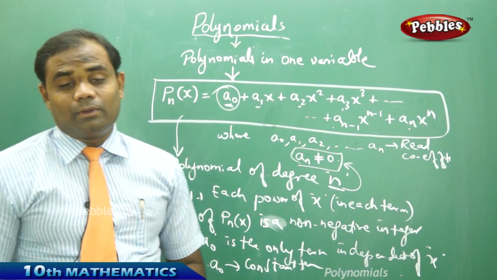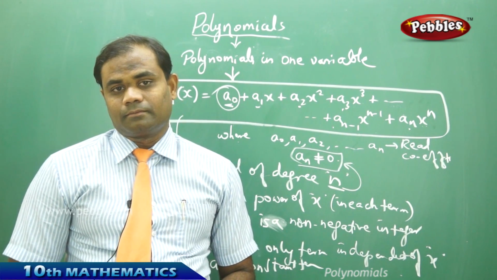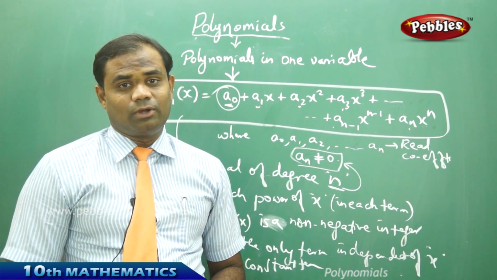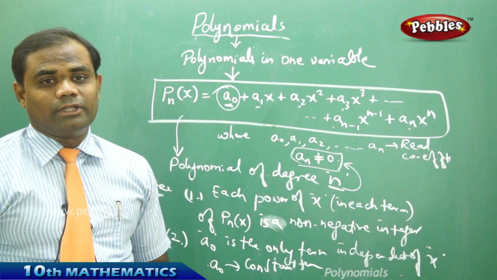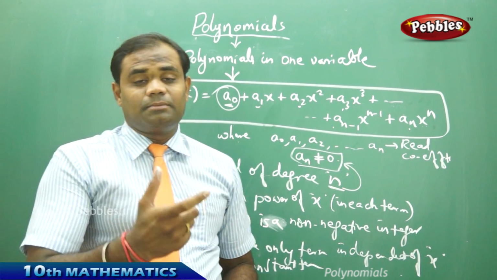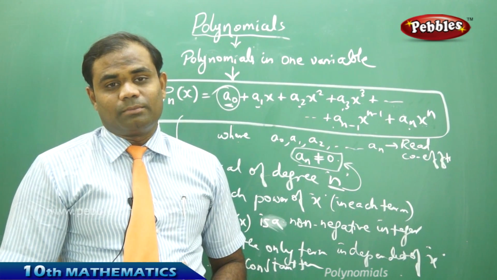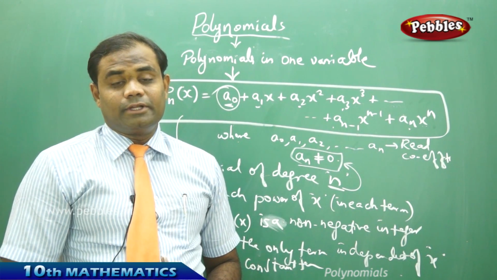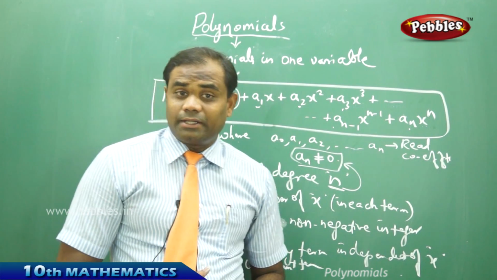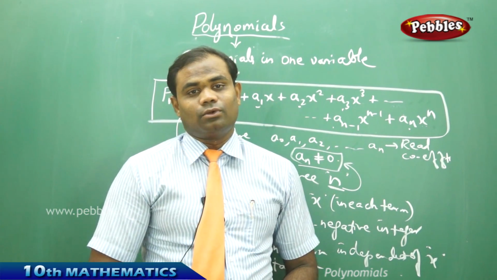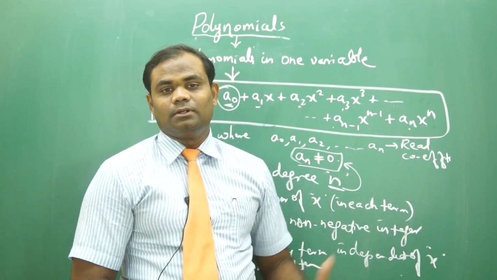Let's see some example problems and identify whether the given algebraic expression is a polynomial or not. If it is a polynomial, we also need to identify its degree. So let's see some example problems.